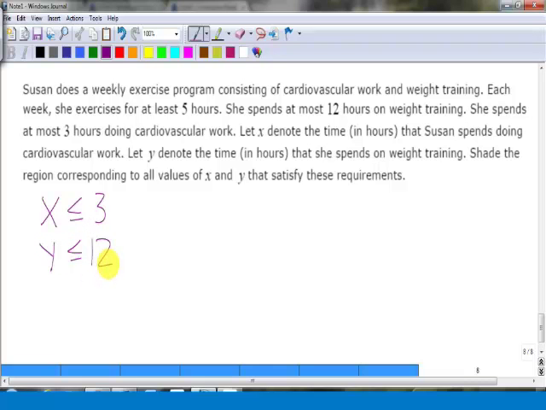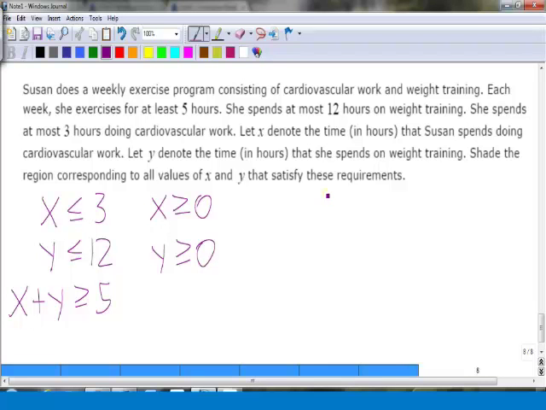But combined, X plus Y is at least 5, so greater than or equal to 5. Now, I suppose it's possible that we could have negative values if we don't insist on X greater than or equal to 0 and Y greater than or equal to 0 as well. I think it's unlikely with X plus Y greater than or equal to 5, but possible. So we want to include those as well. Any other inequalities that we need?